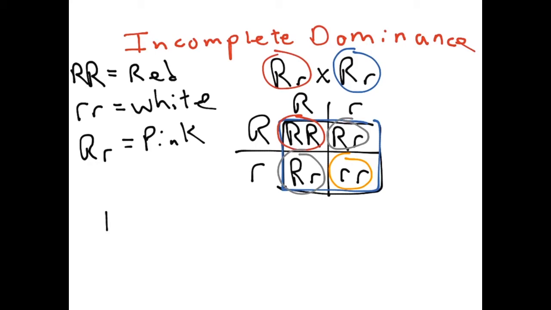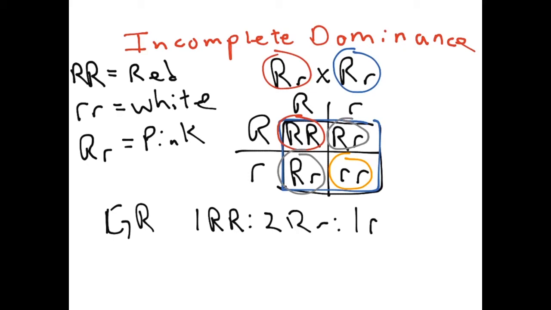When we look at our genotypic ratio, our ratio of genotypes, we get 1 big R big R to 2 big R little r's to 1 little r little r, which is similar to when we do a heterozygous cross using simple dominance. The difference comes in the phenotypic ratio when we look at what these flowers look like.